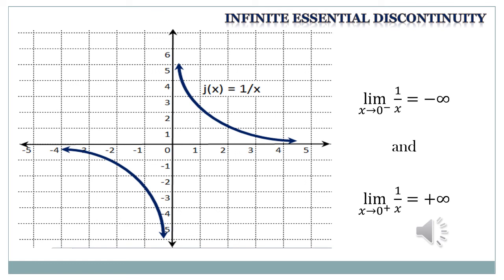Therefore, the function j of x at x approaches 0 is an example of infinite essential discontinuity.